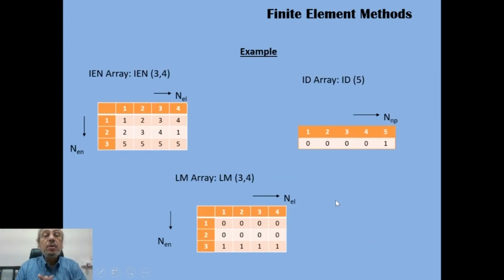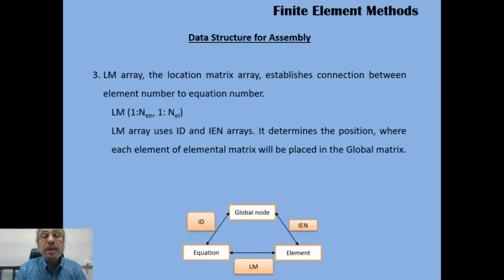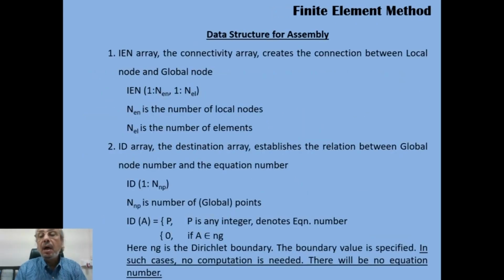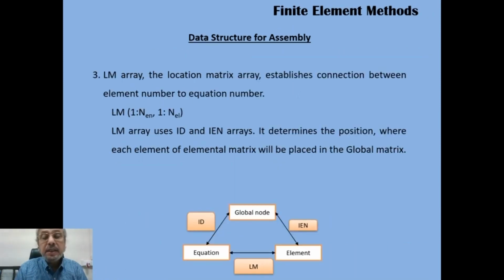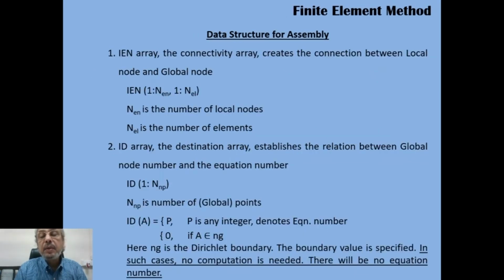And this is how these arrays are formed. These arrays govern, as I have said, formation of the global matrix. The connectivity array creates the connection between local node and global node, and these arrays are needed to form the global matrix, then the global unknown vector and the global known vector, or the load vector.